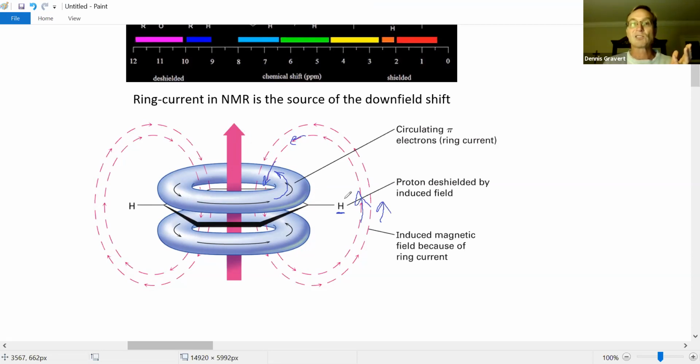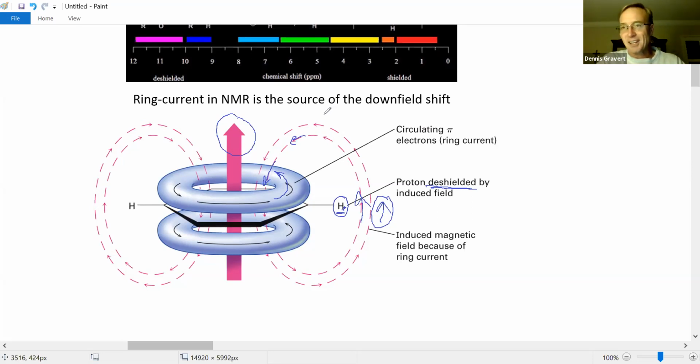Now if you look at the total magnetic field on this hydrogen, it's due to the external field of the spectrometer plus the ring current's magnetic field. They're pointing in the same direction. It's greater, and this greater magnetic field shifts the peak farther downfield. It's more deshielded. So the ring current, due to the aromaticity, is shifting us far downfield.